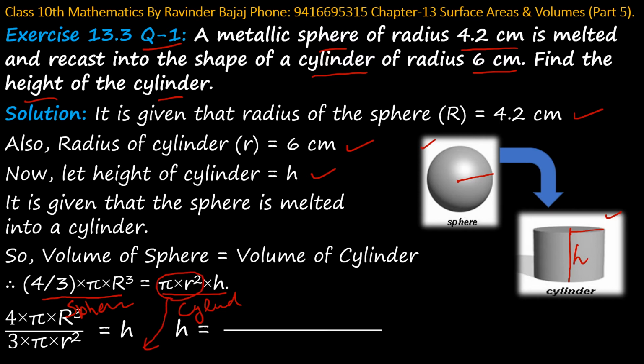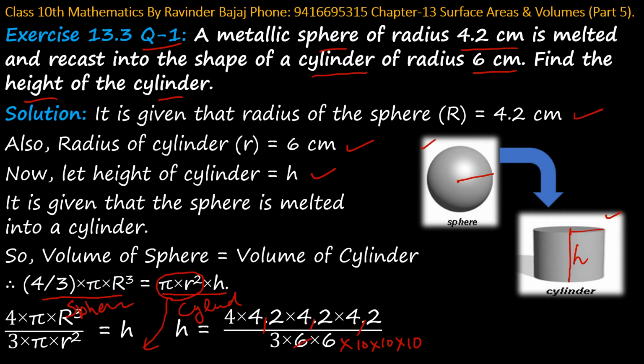Now let's solve this. h is equal to 4 into 4.2 into 4.2 into 4.2, where 4.2 is the radius of the sphere, divided by 3 into 6 into 6, where 6 is the radius of the cylinder. Now multiply by 10, 10 and 10 in the denominator to remove the decimal points of 4.2. So decimal points are removed.